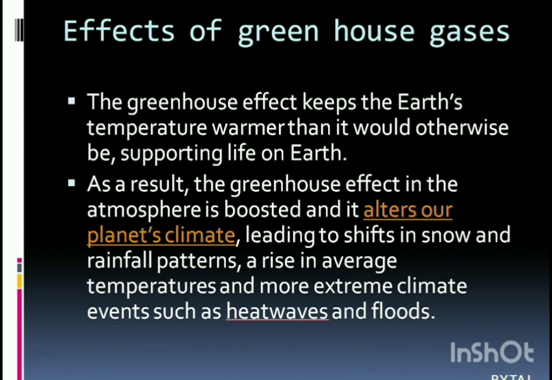That means, as I said before, the greenhouse effect occurs naturally in nature, supporting life on the earth. If it exceeds the limits, then it causes some kind of consequence we have to face.